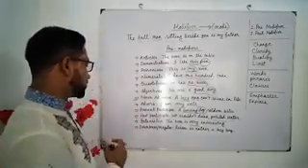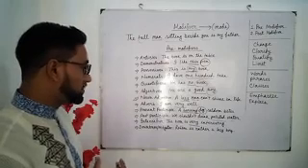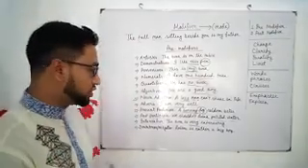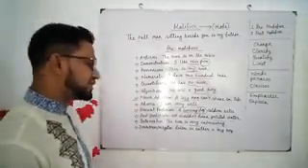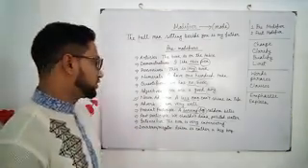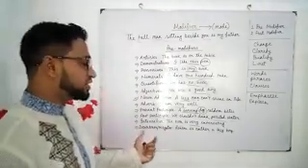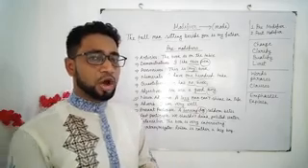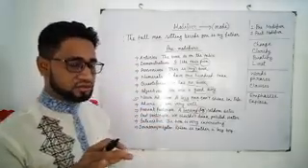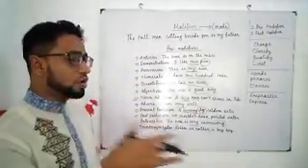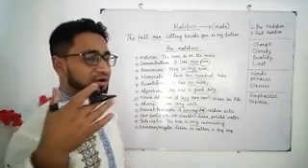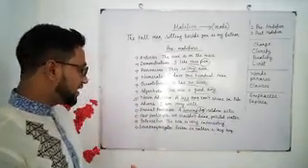Then the downtoner or mitigator is a new word. It can also be a modifier. Downtoner mitigator is totally the opposite of intensifier. We give force, we give emphasis to a meaning.